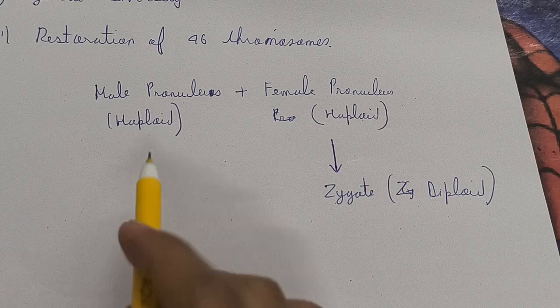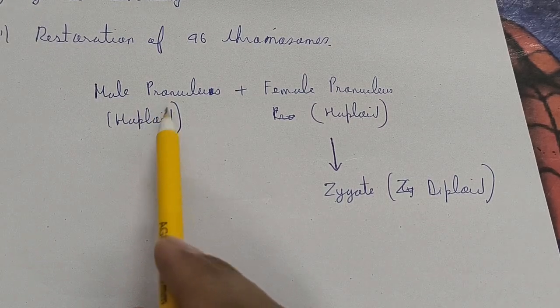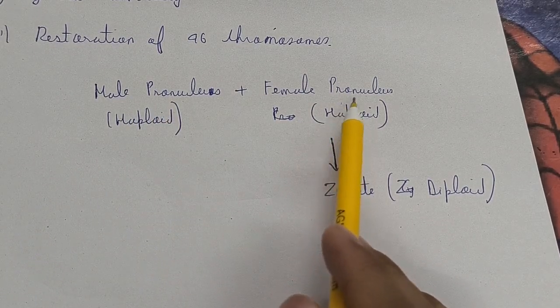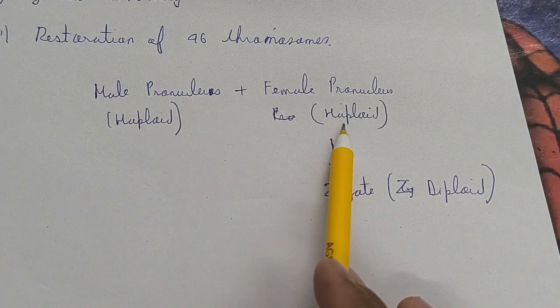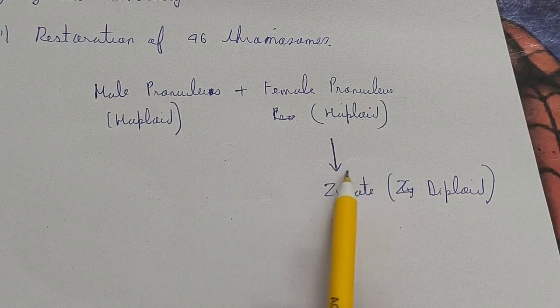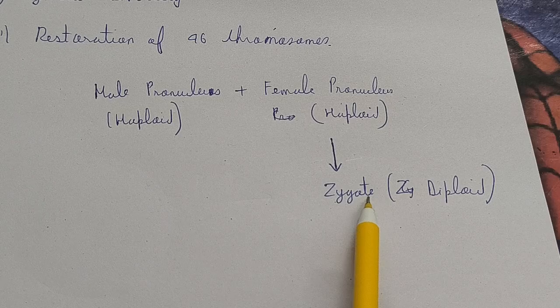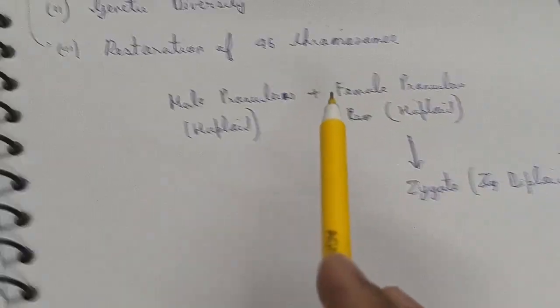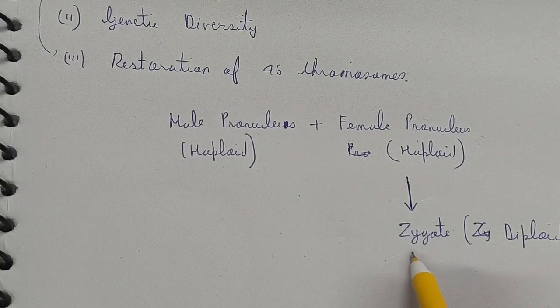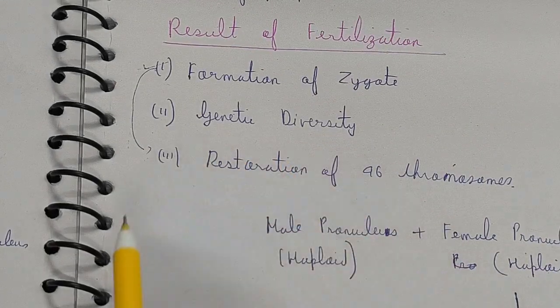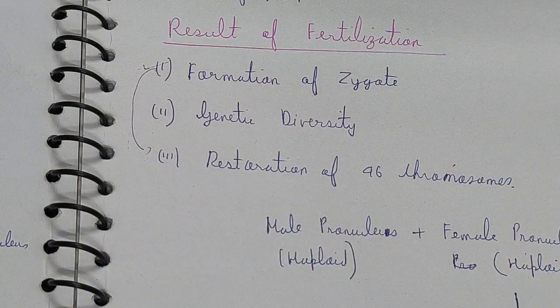In this you can see male pronucleus haploid and female pronucleus haploid, with 23 chromosomes each, and together the zygote becomes diploid and has 46 chromosomes. Therefore, formation of zygote and restoration of 46 chromosomes.